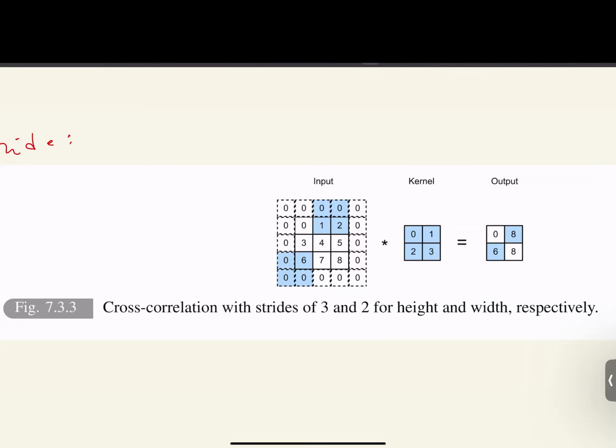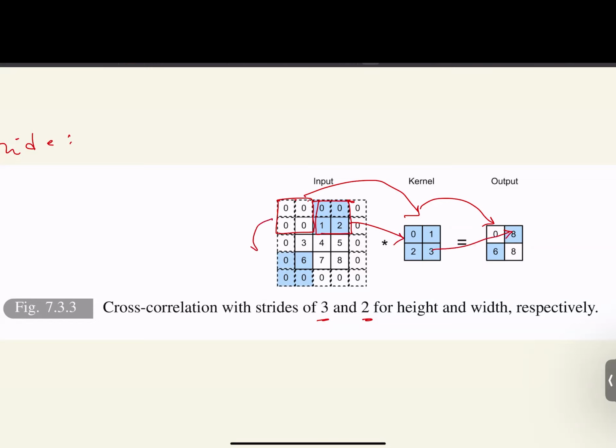For example, this is figure 7.3.3 in the book. If we use a stride of 3 for height and 2 for width, in the first one we have this, and component-wise we get that. The next stride will be 2 in the width, so we have this multiplied by this, and we get that.